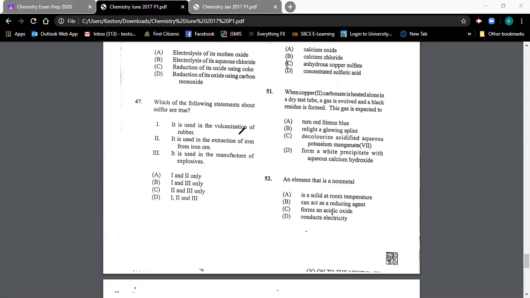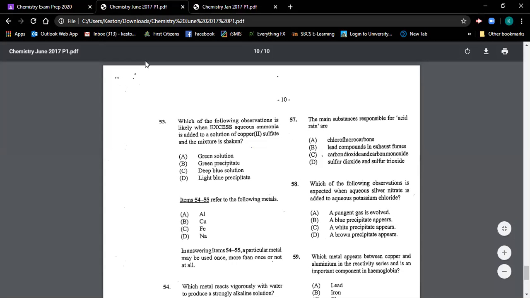Next page. 53. Which of the following observations is likely when excess aqueous ammonia is added to a solution of copper 2 sulfate? Excess aqueous ammonia, copper 2 sulfate.